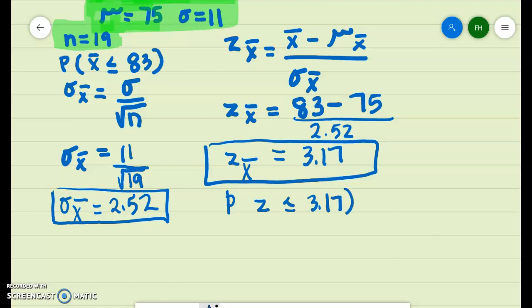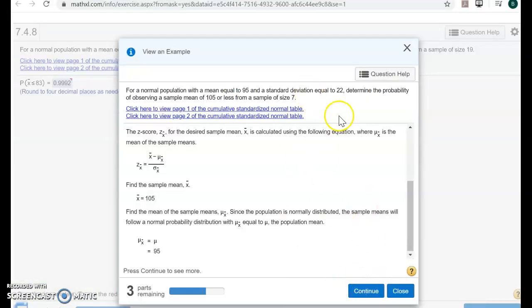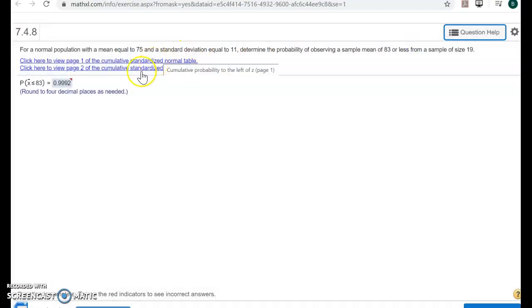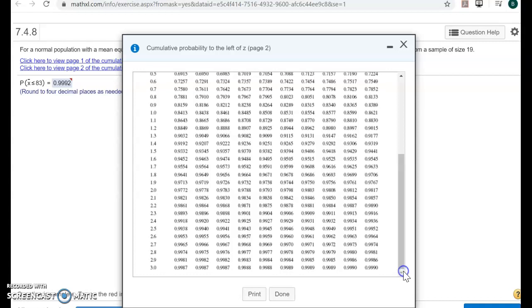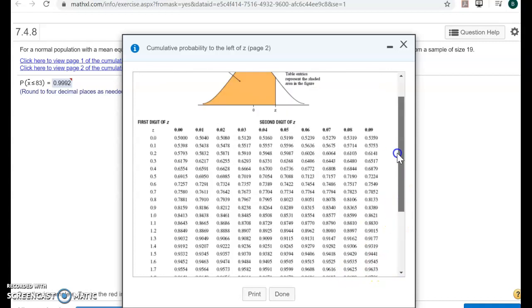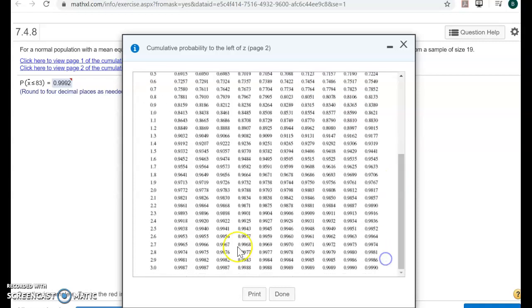Now, an issue that I've seen, they have updated the homework, the textbook edition, and so the problem that I saw here is when you click on the table, your table only goes to 3.0.